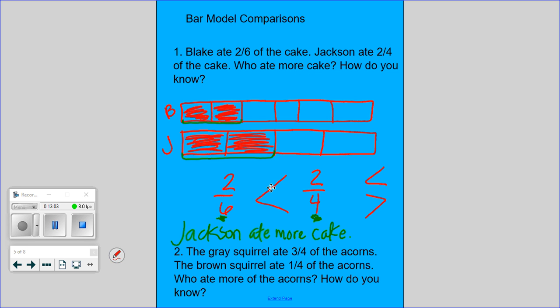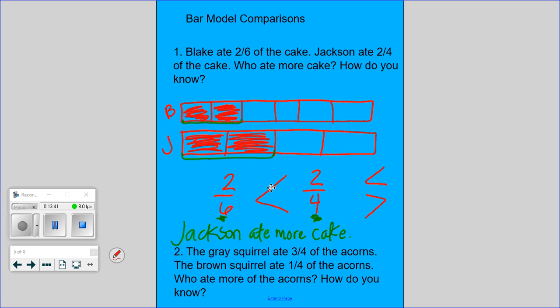And then when I read it, I just need to read it so it makes sense. So in this case, 2/6 is the smaller one because I'm not getting the big mouth. 2/6 is less than 2/4. If this was switched, it would say 2/4 is greater than 2/6. You can memorize which way means what, but I wouldn't worry about that part. Just remember the open part, the mouth part, is pointing at the biggest number.